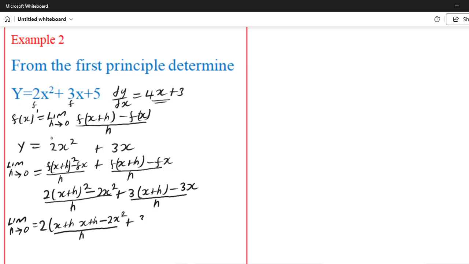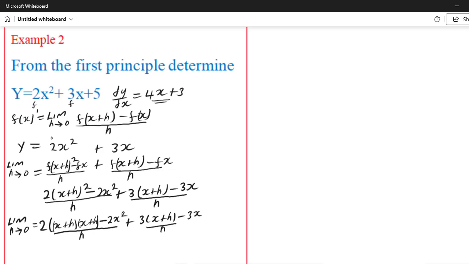Then we add 3 times (x plus h) minus 3x, everything we divide by h. So in this equation, we will open the bracket, xh and xh, and then we will have this equation.